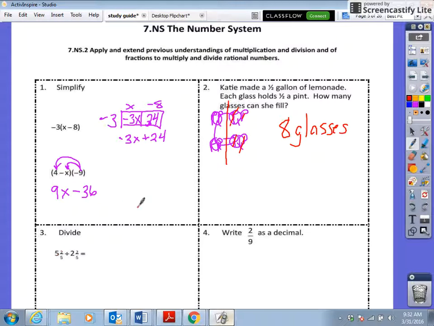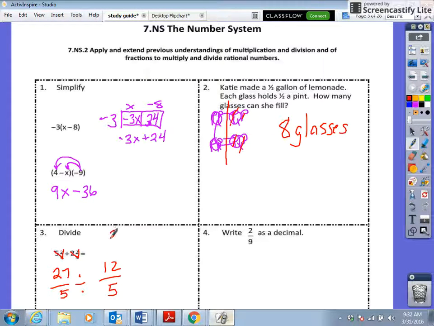So let's go back. 5 times 5, multiplying 25, plus 2, 27. 27 over 5. Again here, divided by. 2 times 5 is 10, plus 2 more is 12. 12 fifths. Okay. Now we're dividing. And I know we remembered when we divide, we have to flip this second number.